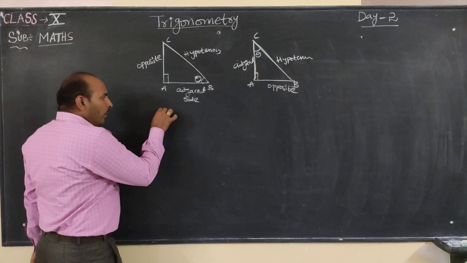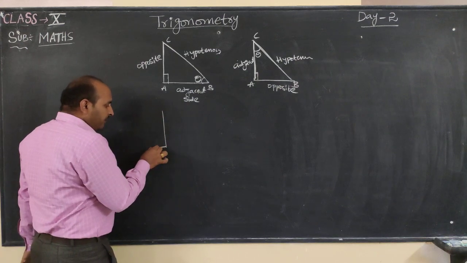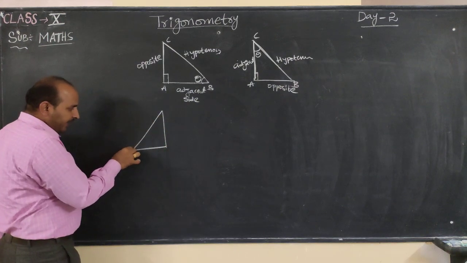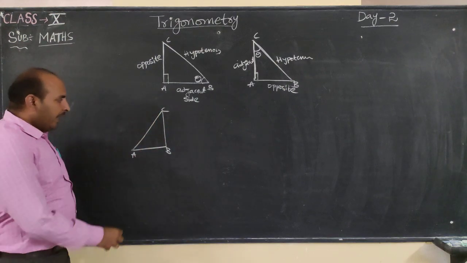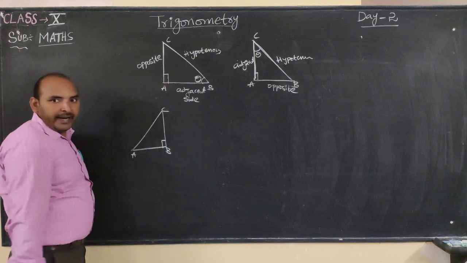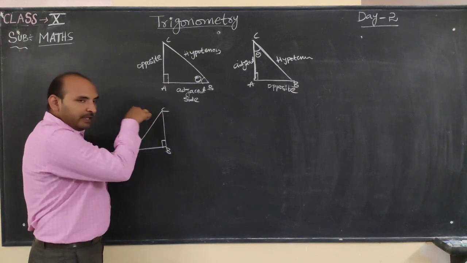Now suppose again the triangle ABC, this is A, this is B, this is C, with the angle at 90 degrees. This is the right angle triangle ABC.